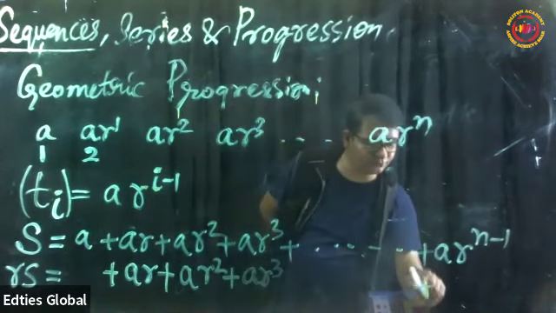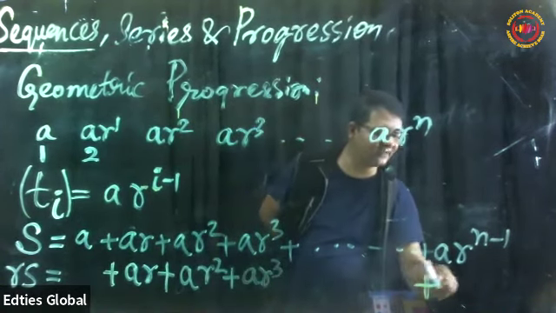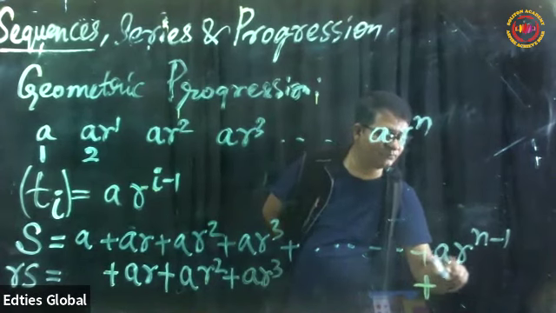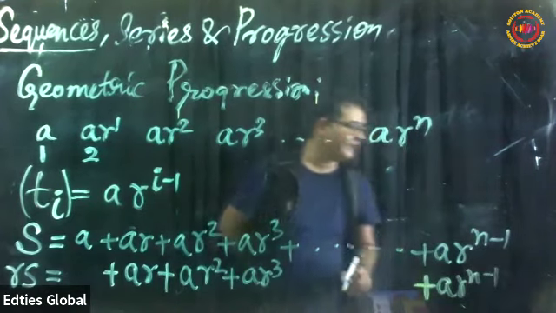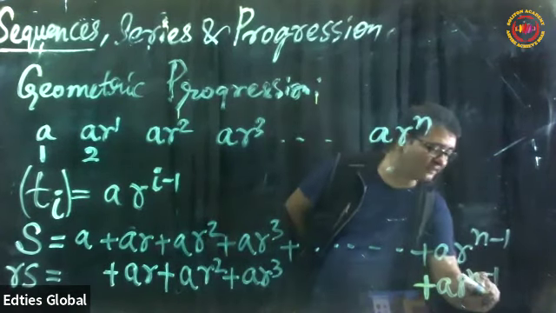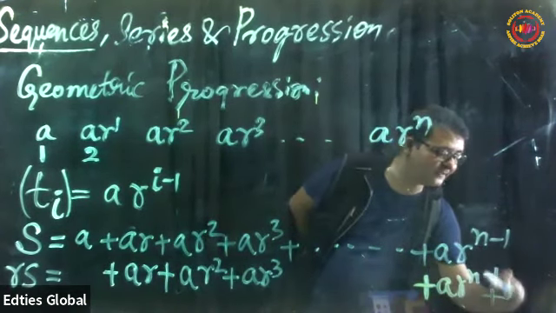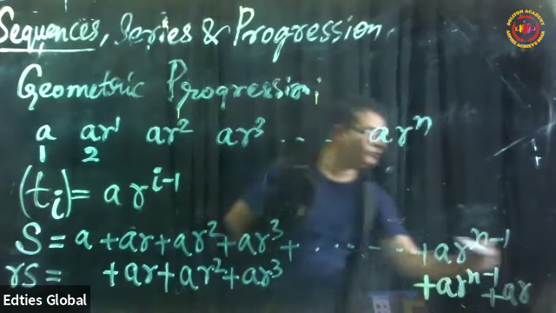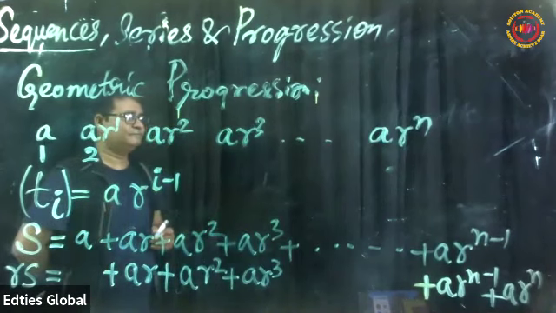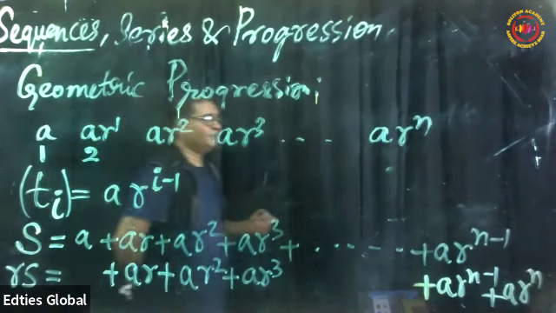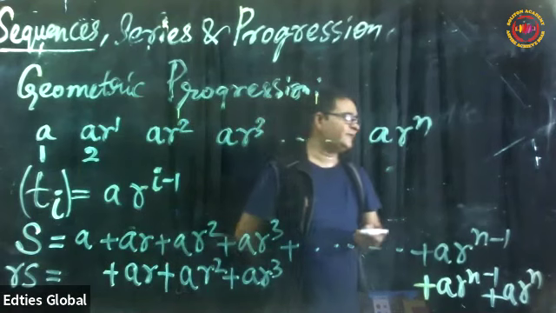This will continue till AR to the power n minus 1. And we will have one more term that will be A into R to the power n. Right? Do you agree with this? Yes, sir. Okay, now our life is very easy.